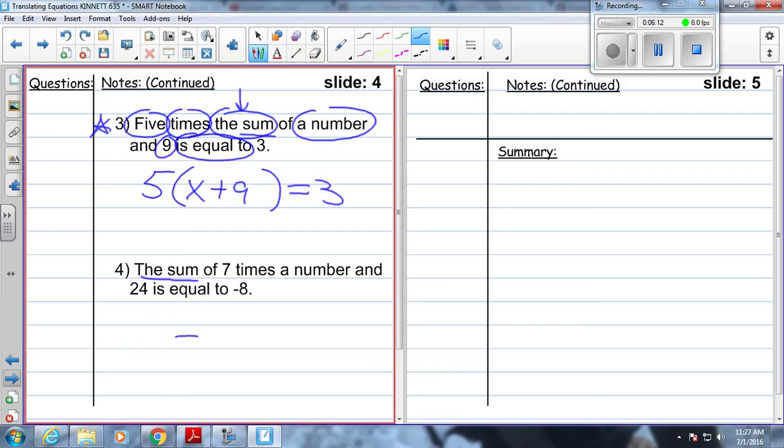So we're starting with the addition of 7 times a number. Doesn't tell us what to use, so I'm going to use x, and 24. So since it didn't say 7 times the sum, this does not have the distributive property being used. We had the sum show up first, so we wrote the plus sign, started writing things around the plus sign, then it says is equal to, and -8.